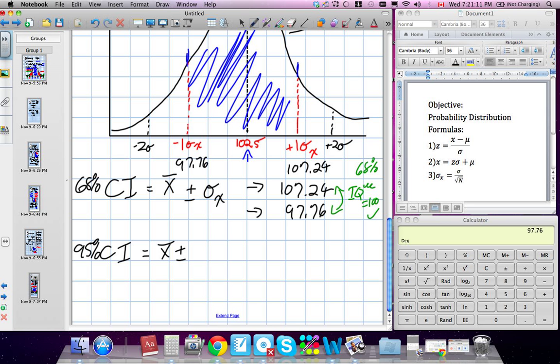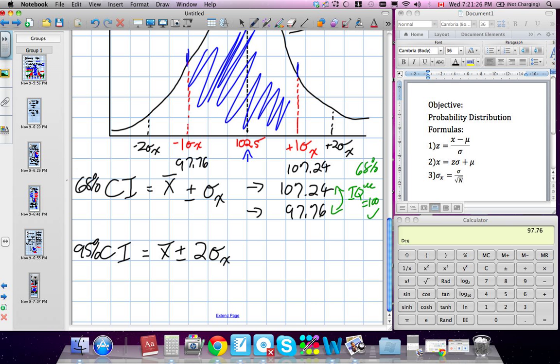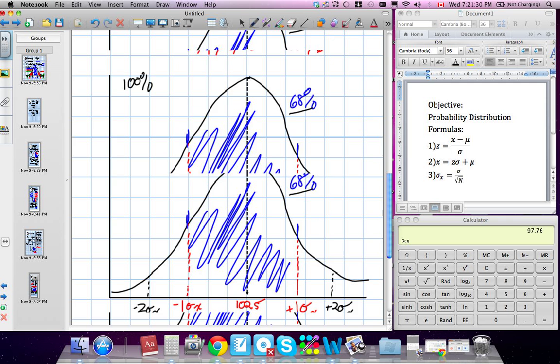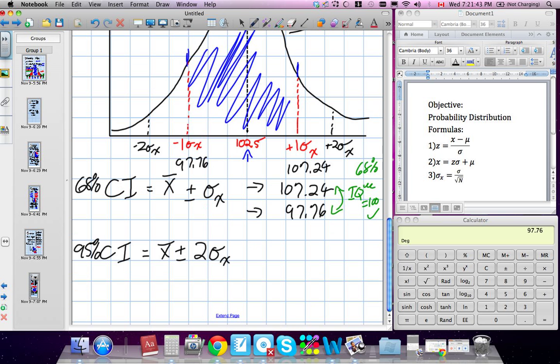Let's say we want a 95% confidence interval. We're talking about sample mean again, plus or minus. Do you remember what deviation represented 95% of the area? Yeah, minus 2 deviations, plus 2 deviations. So that's our sample mean plus or minus 2 standard errors, okay?